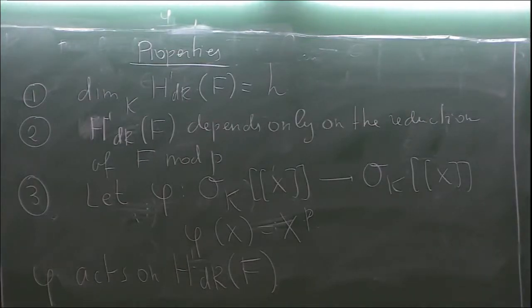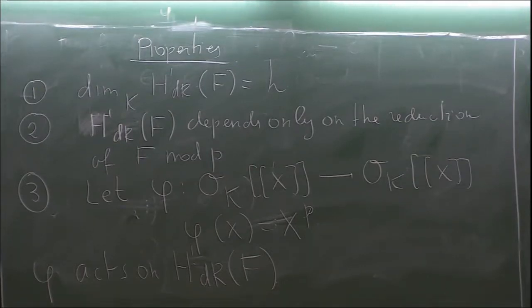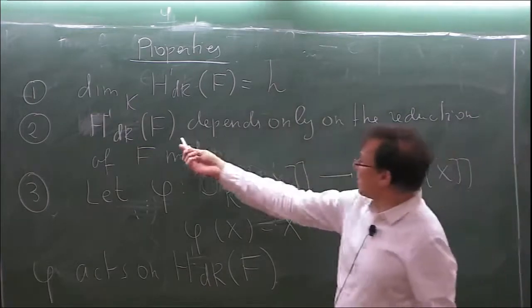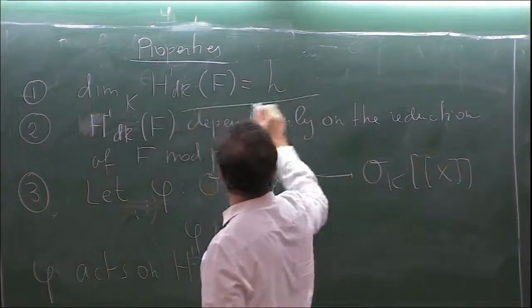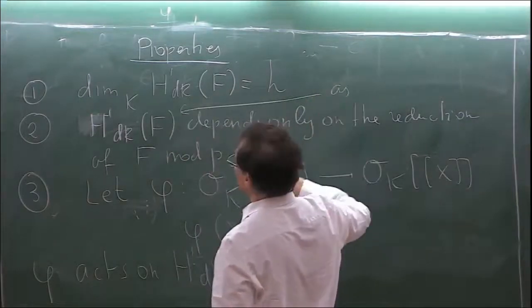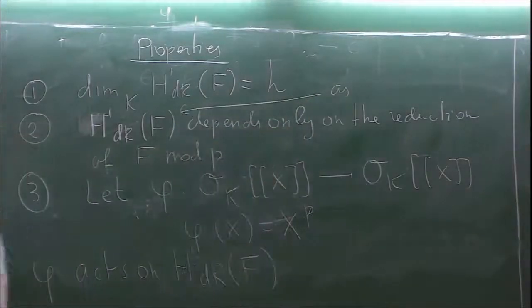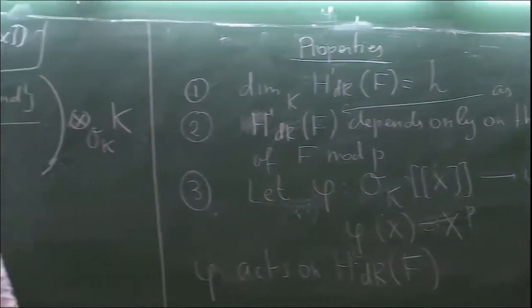Does omega 0 depend only on the reduction? When you say that H1 dR depends only on the reduction, yes, this is a good remark. So H1 dR is just a K vector space without a filtered structure.